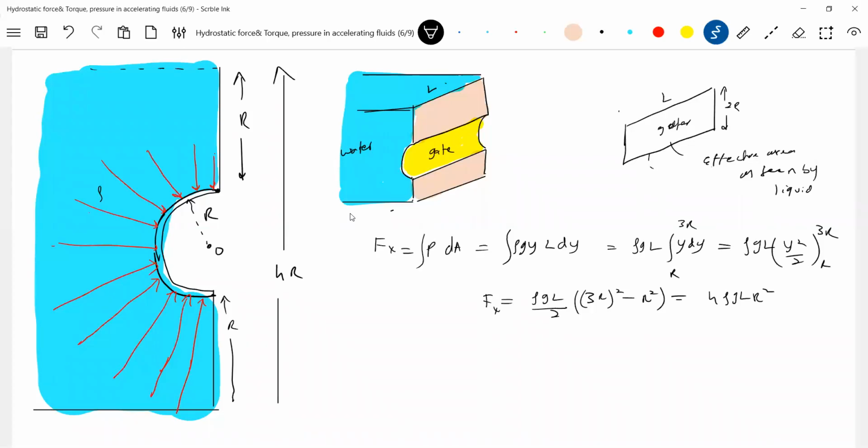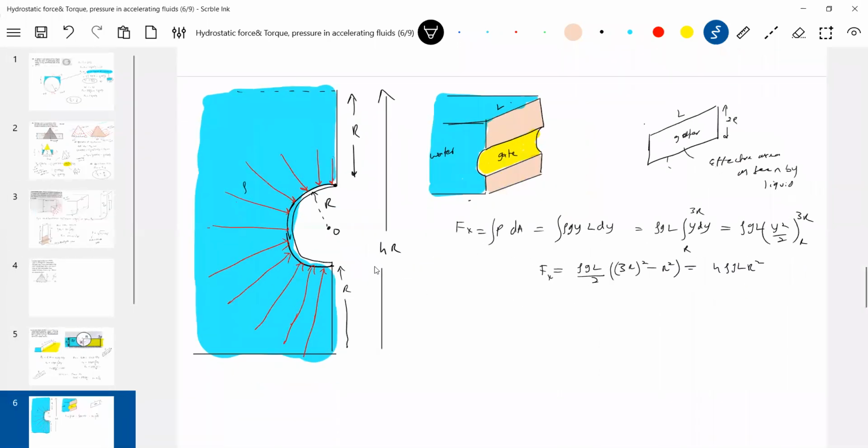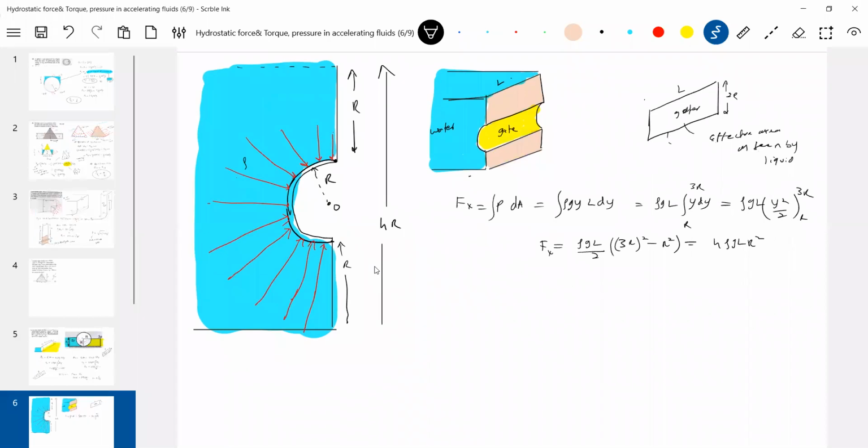What about the vertical force? The net force exerted by the liquid. This will be very interesting. How do we calculate the net vertical force exerted by the liquid? Again, we'll get into the problem. I will go for the weight of the liquid.